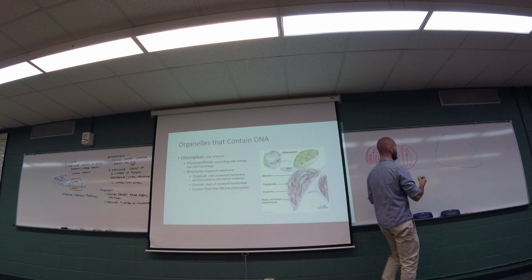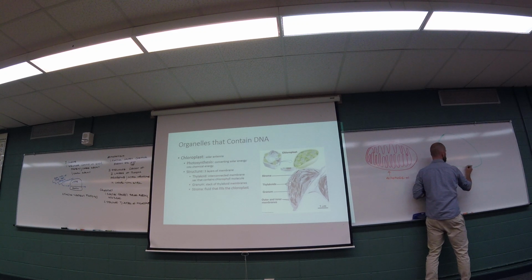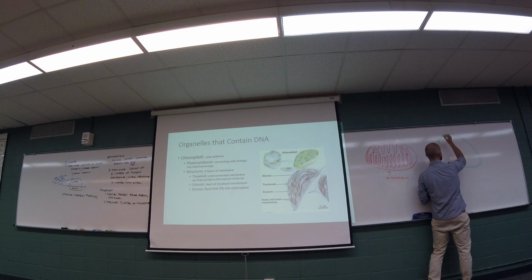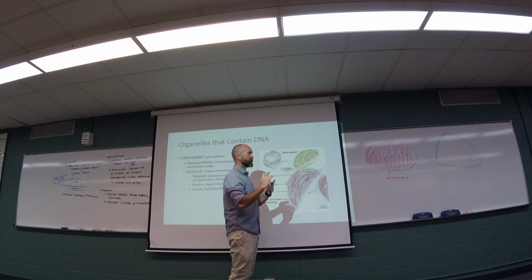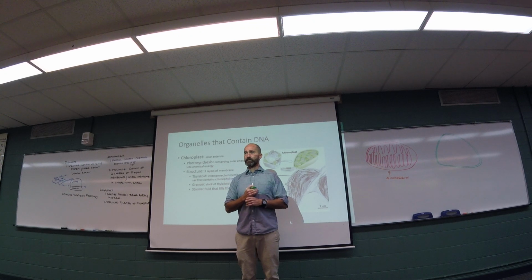And then they have an inner membrane that is equally smooth. So this is going to be the simplest of our chloroplasts. It's going to consist of just 3 membranes. So an outer and inner membrane, and then a series of membranes called the thylakoid.